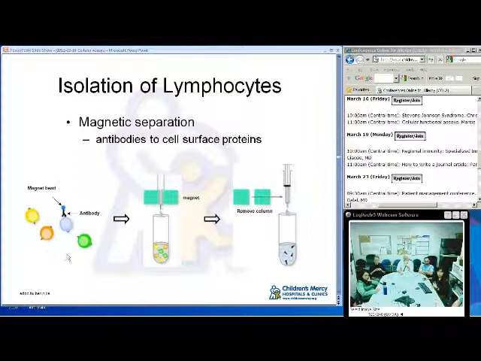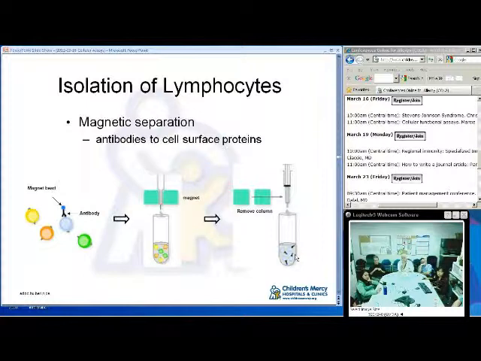You'd add this antibody to your population of lymphocytes, and then you'd put them in this column fitted with this magnet. You'd put your cells through here, and those cells that bound to the antibody would stay in the column here. The other cells would be flushed through, and then you remove the column from the magnet and elute the cells that you retained here, and then theoretically that should be your pure population of, say, CD4 cells. So you can do it that way as well.